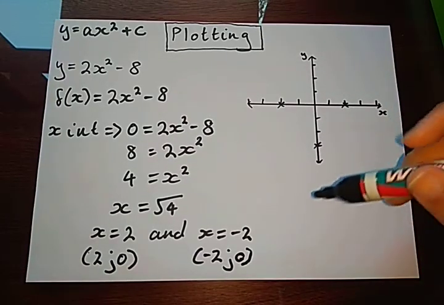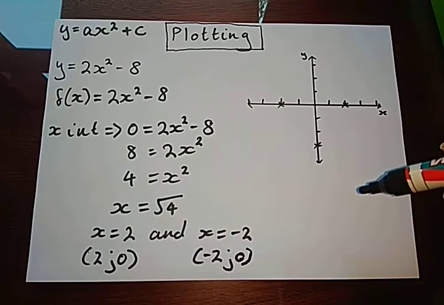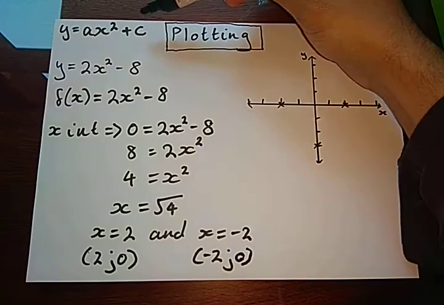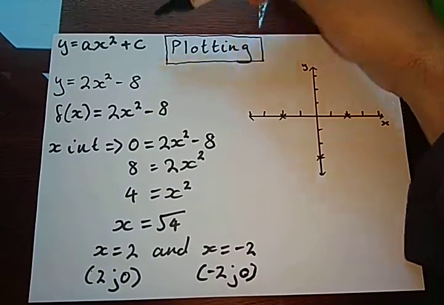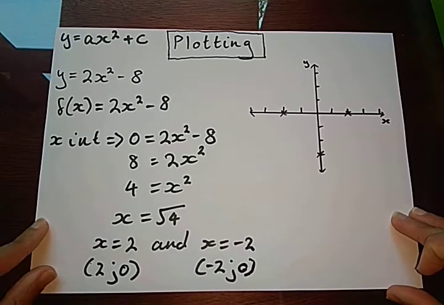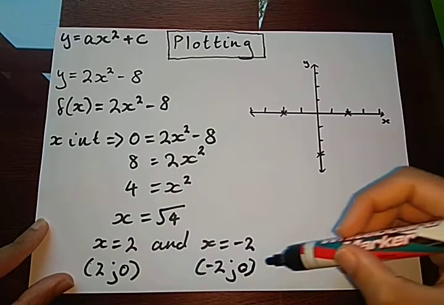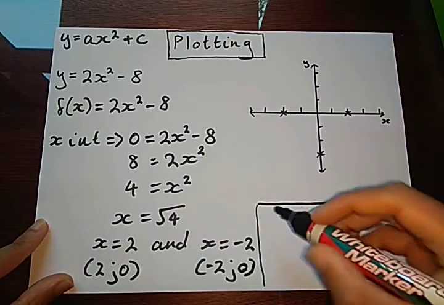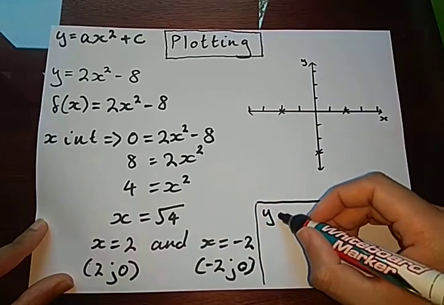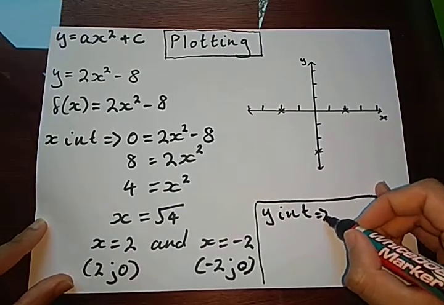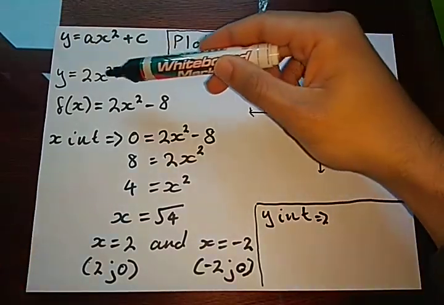Now that we have our 2 points, we need our third point, which is known as our y-intercept, or our turning point in this case. Remember, because of the nature of this equation, our parabola will always be symmetrical about the y-axis. And the way to get the y-intercept is really simple. It is identical to how we obtained it in our straight line equation, where we set x is equal to 0.